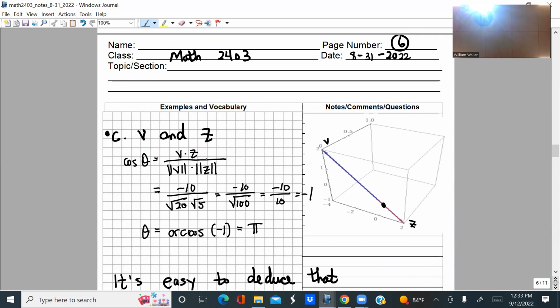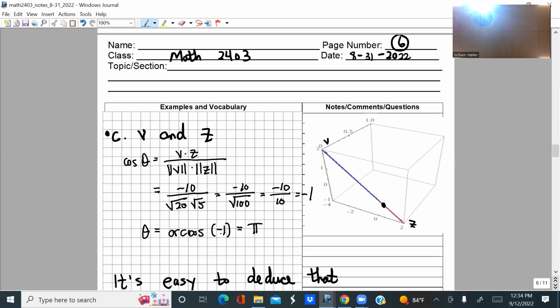Now, if this quotient turns out to be +1, that means the angle between the two vectors is what? If this expression turns out to be +1, then you're taking the arc cosine of +1.